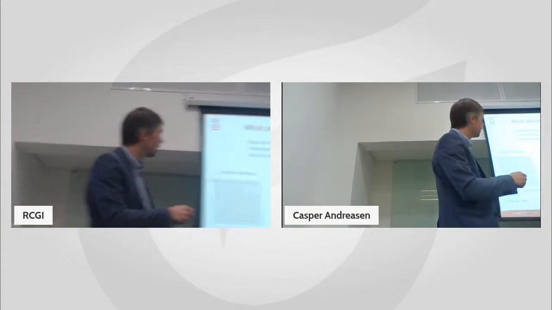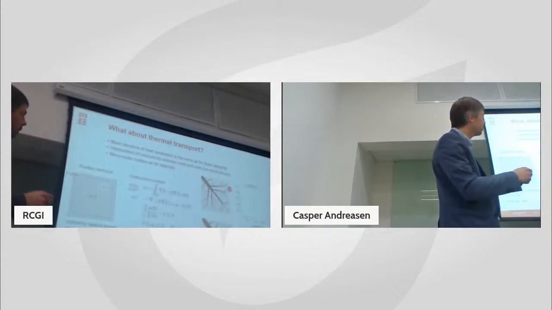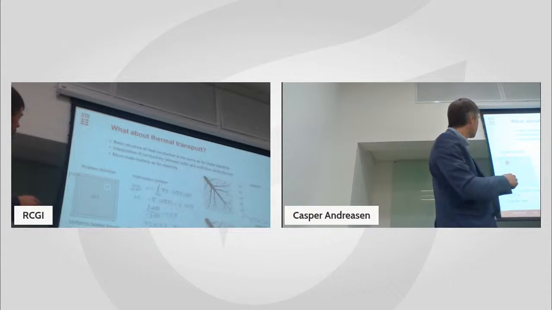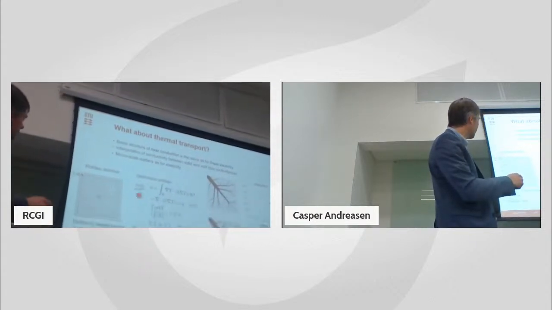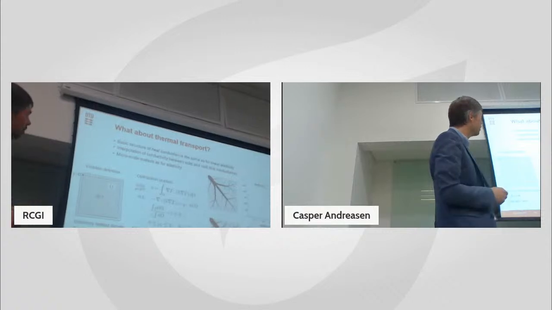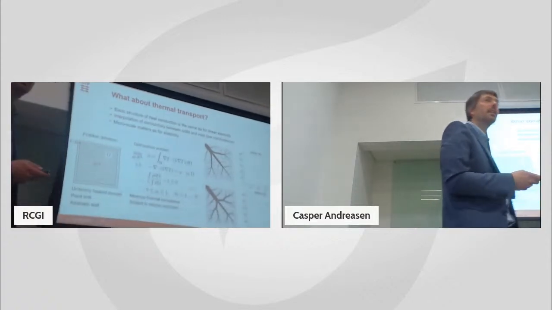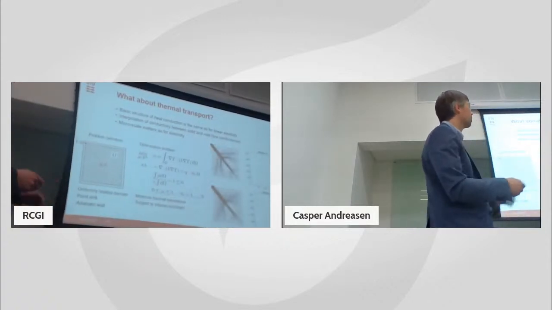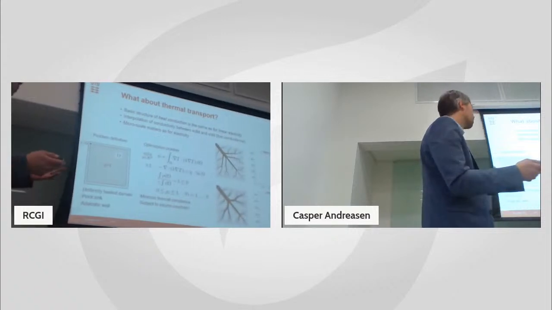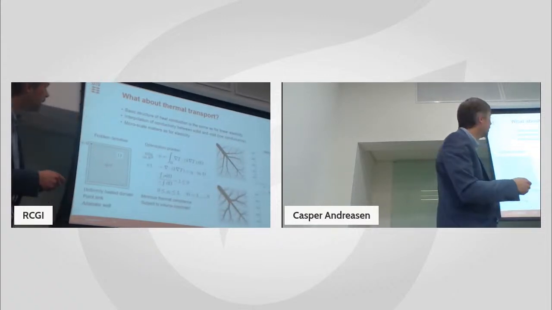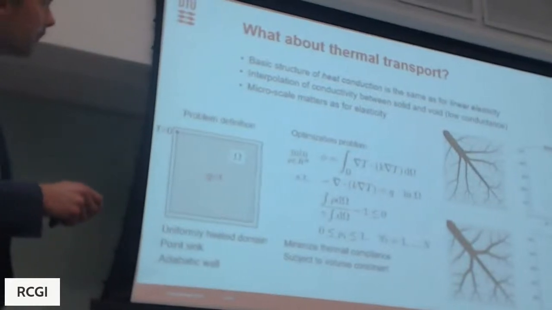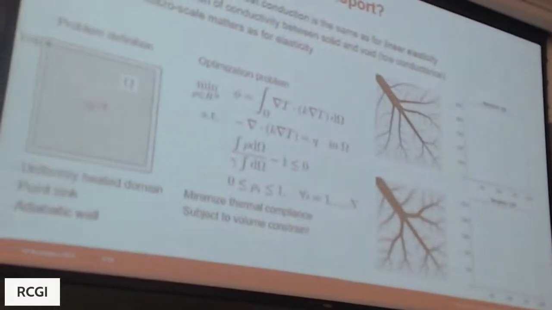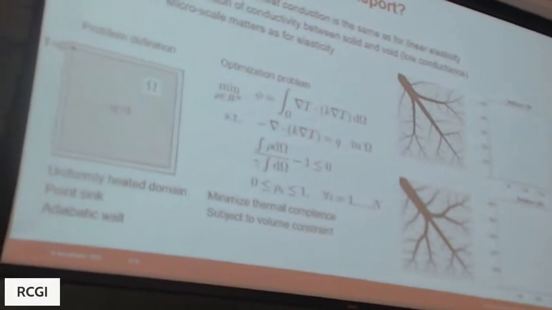There's also a volume constraint, and you see here by applying different filters, we get different solutions to this problem where we have a point that has temperature 0, and then we have an insulated boundary and a heat generating domain. So how do we most efficiently transport the heat away? And that's through some sort of tree-like structure. There's also been discussions on what the true optimal structure would look like, and for an infinite resolution, you will get a pinned structure, but you will not see that on a finite resolution.